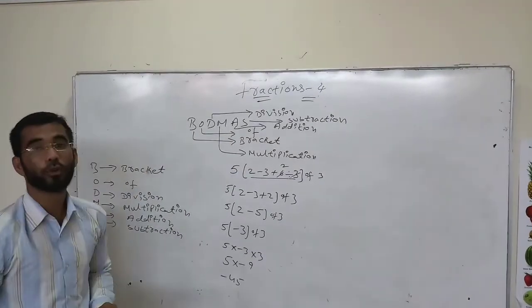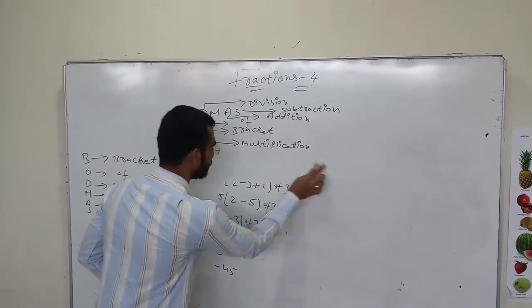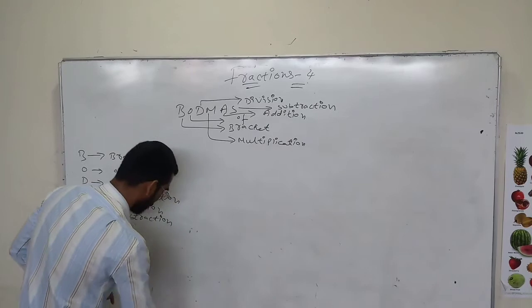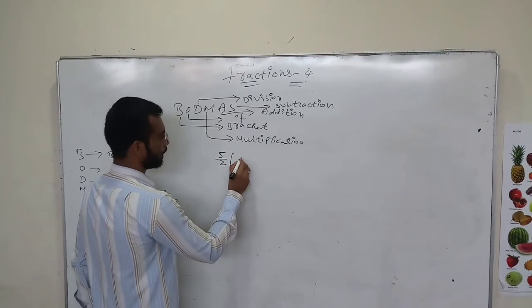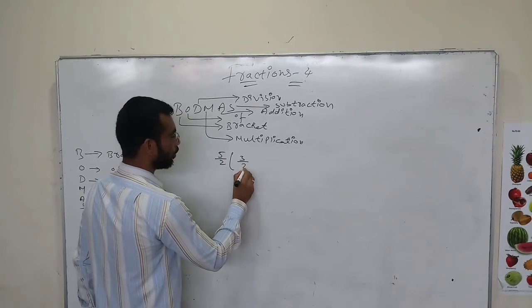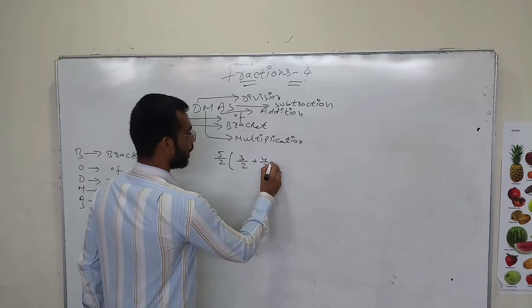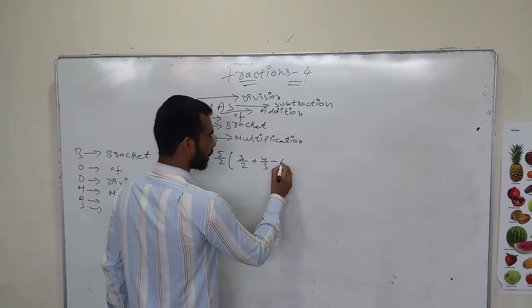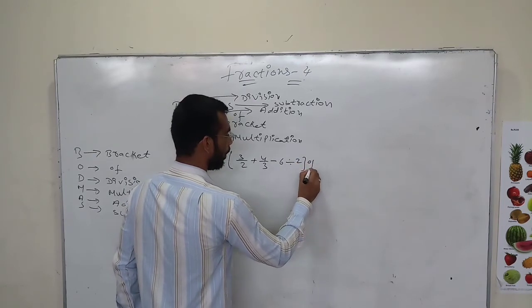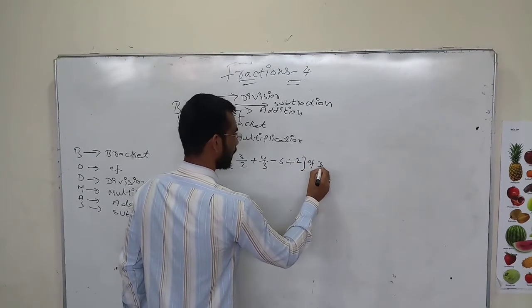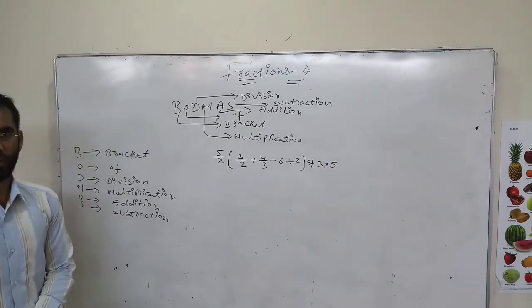Now we will see the problem by using fractions. Take 5 by 2 ÷ (3 by 2 + 4 by 3 − 6 ÷ 2 of 3 into 5).